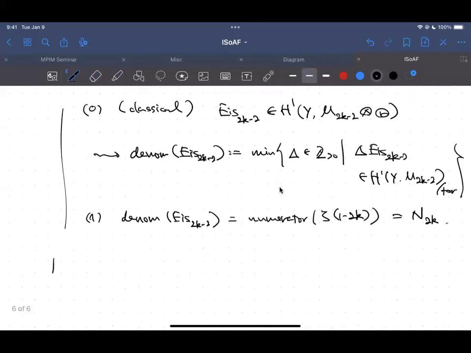So I would like to remark on the meaning of this theorem very briefly.